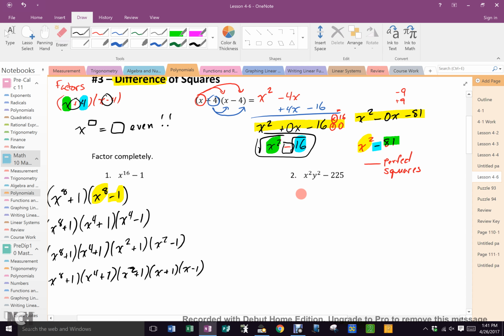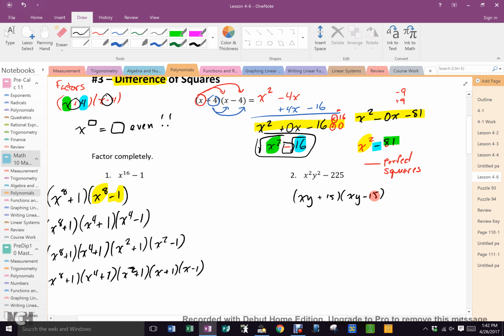What's it going to be? xy plus 15, xy minus 15. And like all factoring, you can check it. Is x times x, x squared? Is y times y, y squared?